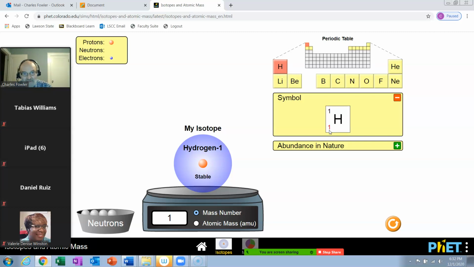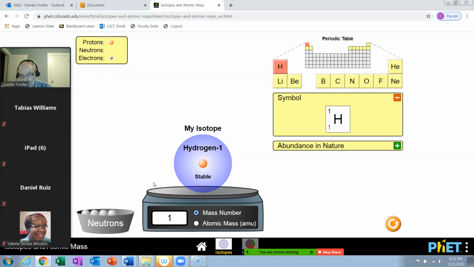It's atomic number, which is the number of protons, and the upper number is atomic mass, which is the sum of the protons and neutrons. Since you have one proton, this shows you have no neutrons. And there it is, hydrogen with one proton in the center. Here are your neutrons down here that we're going to be adding.